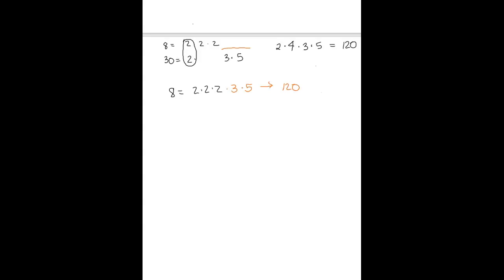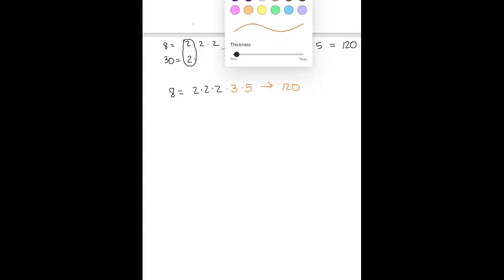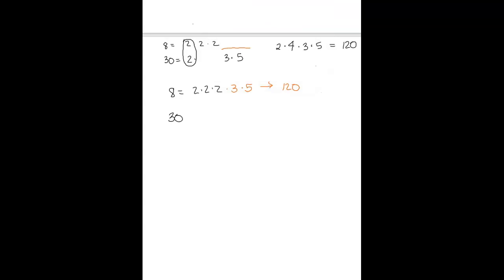Now for my 30, again, let me go back and turn this to black. So 30 is my common factor there of 2, and then I have the 3 and the 5.